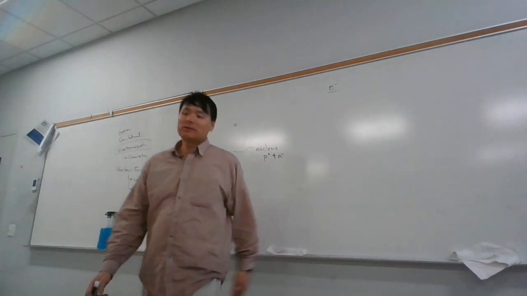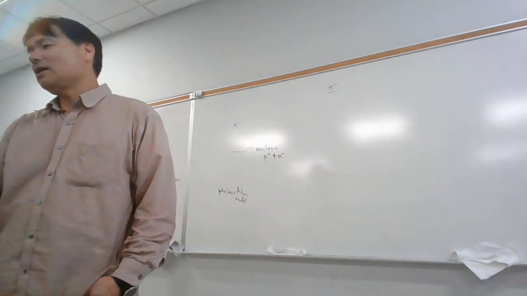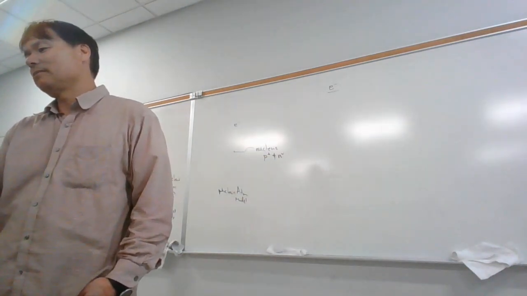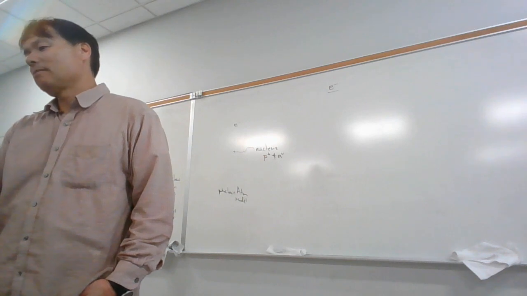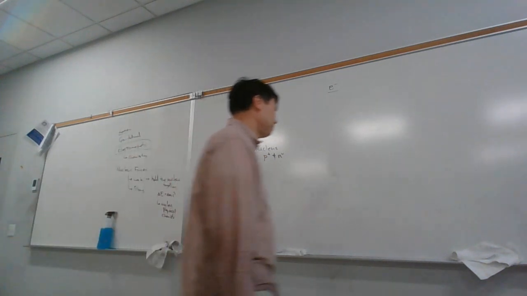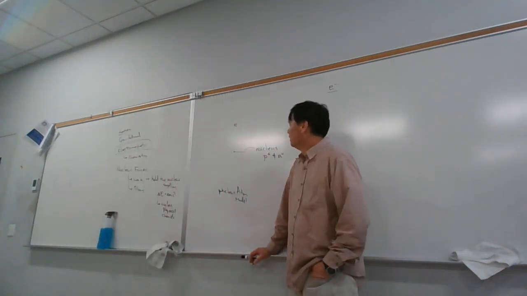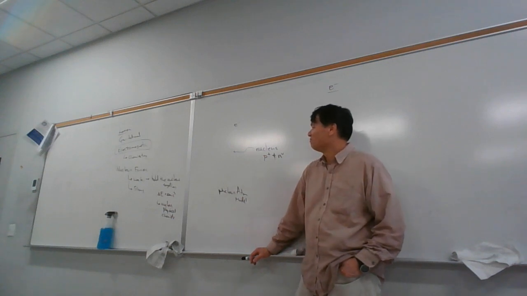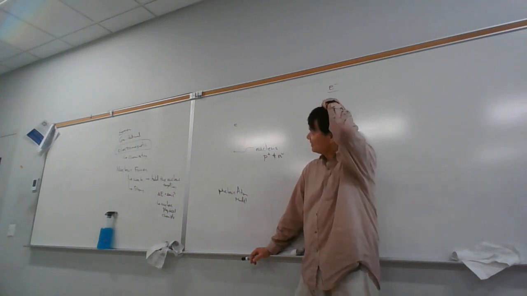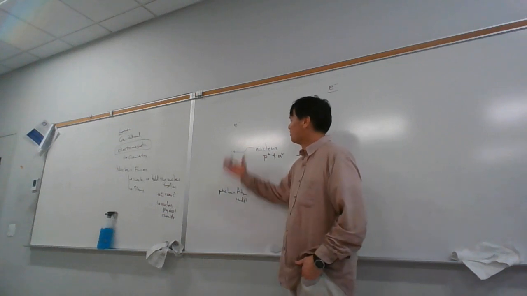If somebody asks you, what's the size of an electron? The size of an electron is 0. How could the size of an electron be 0? Electrons are very difficult to describe, because electrons aren't like anything that we can relate to in our physical world.